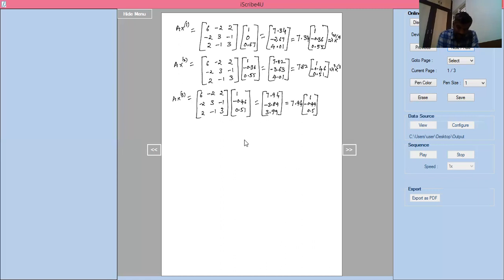This one I write as lambda 4 into x4. Next is AX4.